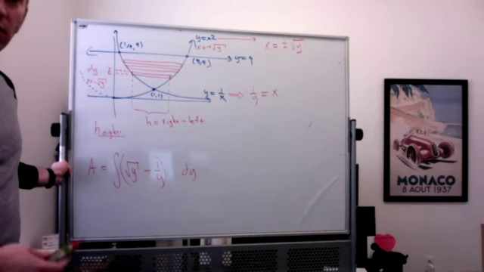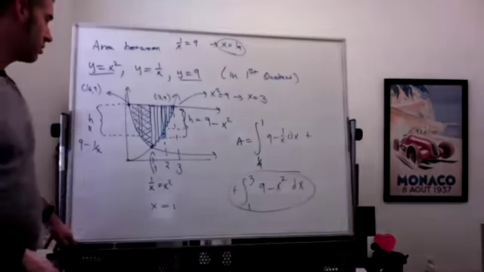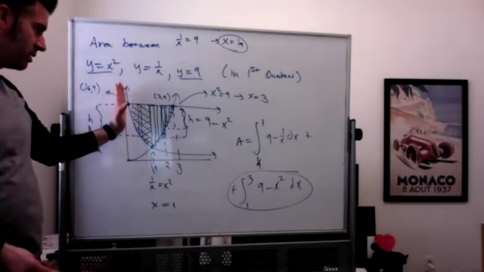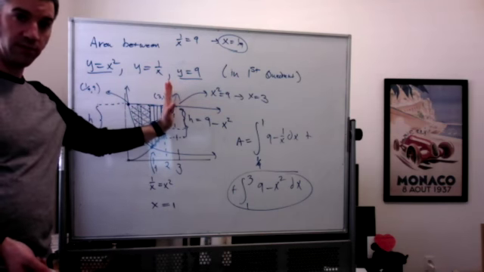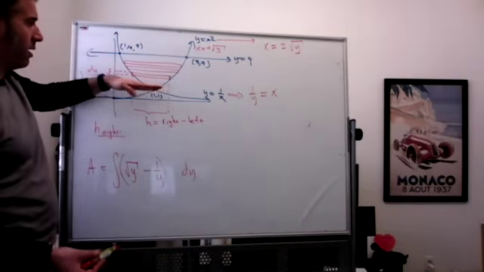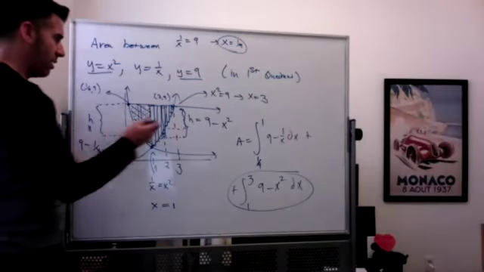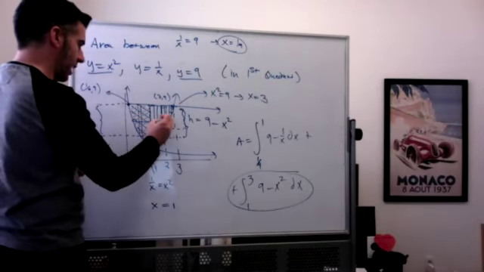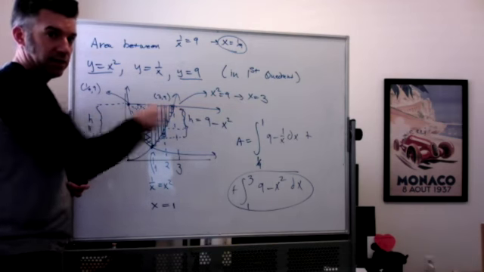And my limits of integration have changed as well. Before, the limits of integration were x equals 1/9 to x equals 1, and then x equals 1 to x equals 3. Now my limits of integration are how low we go to how high we go. So basically, on the other side, I'm thinking about how my rectangles can slide. If it's a vertical strip, it can slide left and right.